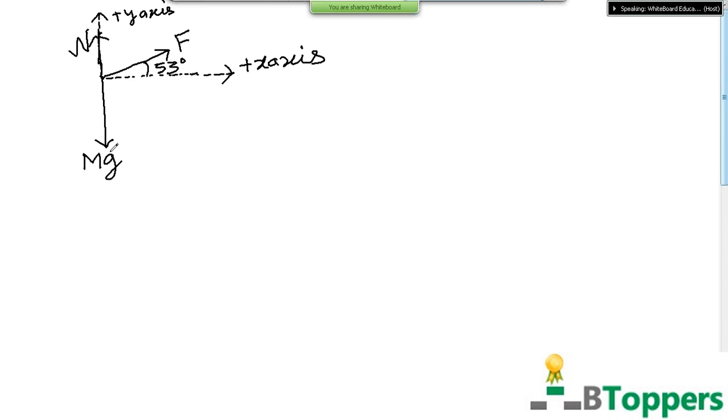The pulling force is inclined to both x and y-axis. Therefore, you can resolve the pulling force into rectangular components parallel to x and y axis. For that, you can construct a rectangle with adjacent sides along x and y axis such that the pulling force acts along the diagonal of the rectangle.